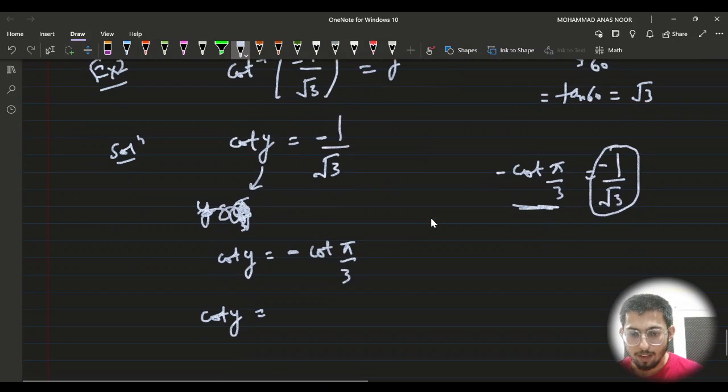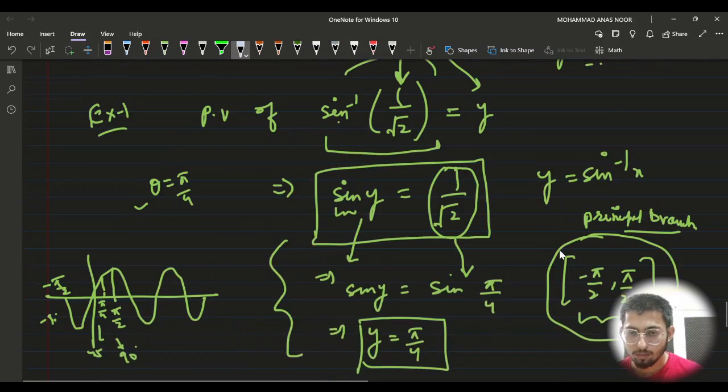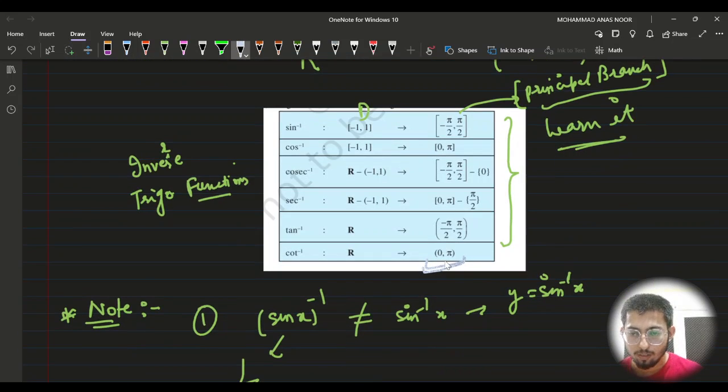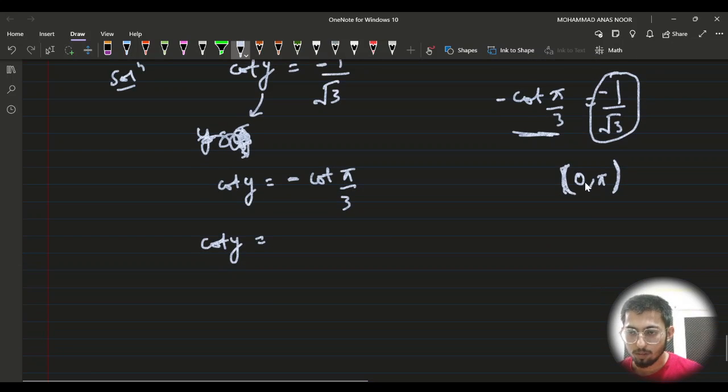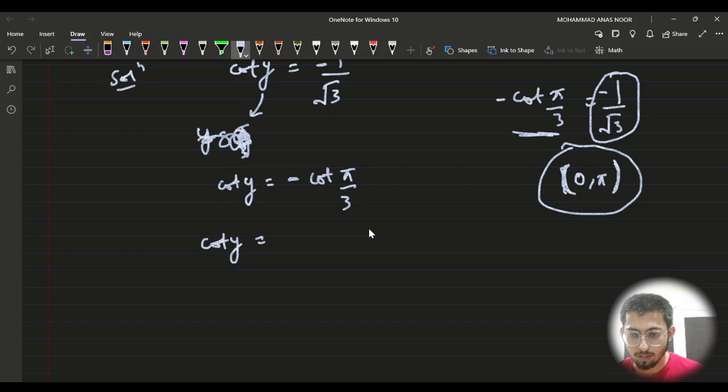So you should get an answer from 0 to pi, not including them. This should be in your mind always. When you practice it, you will understand it. Now you will have to cancel it. So you should first get this negative sign eliminated.